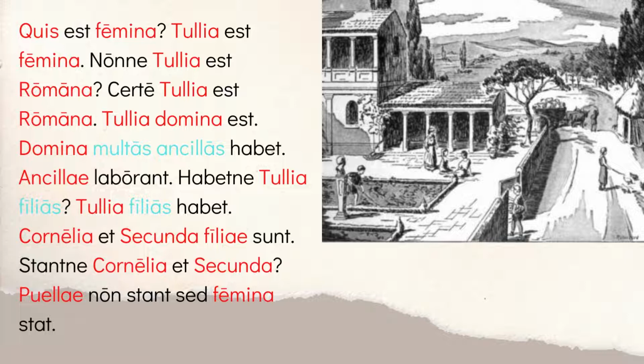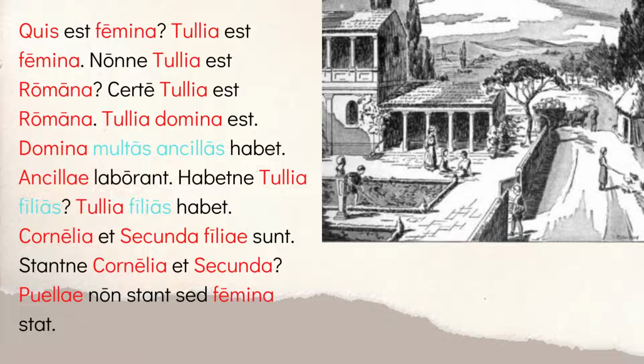Then you have Secunda, which literally means second in Latin. It's a counting word or a number word. And this is interesting because a lot of times they would use this as a nickname, right? So if you have a couple of daughters, maybe you have 3 daughters, you'd probably want to name them all Cornelia in this case after your family, because you're not entirely sure if they're going to live to adulthood. And if they do, you want to make sure that your family name keeps going.